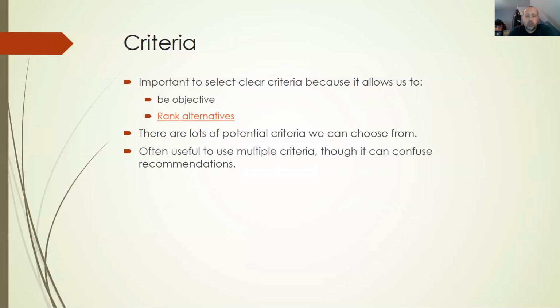But in general, we want to make sure that we're using more than one. If you just have one, well, it's not very realistic, because there's going to be different criteria and different alternatives are going to satisfy those criteria at different levels. So we want to use more than one.